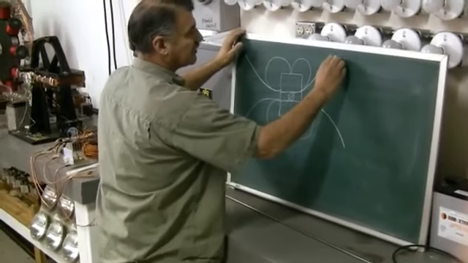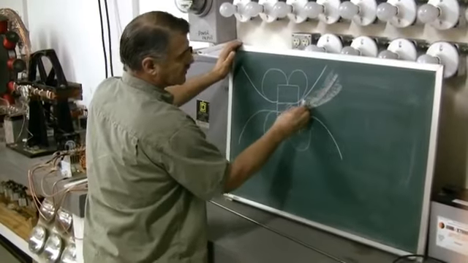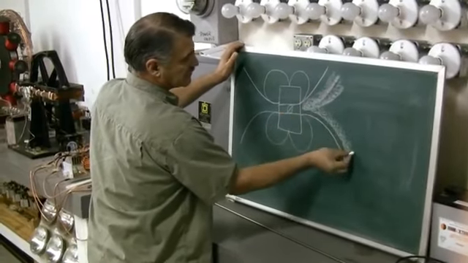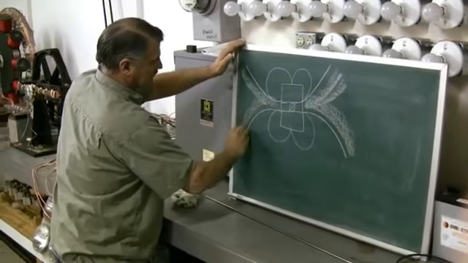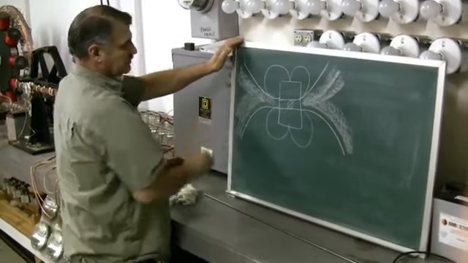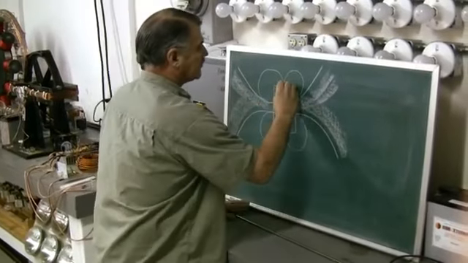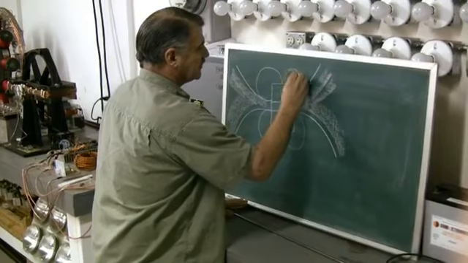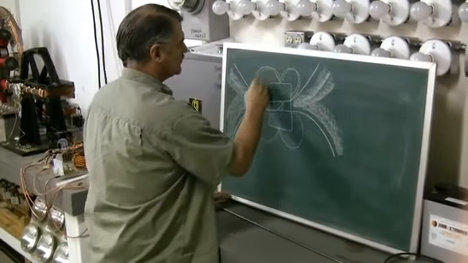And this is where the vortex energy enters in to the magnet to provide the vacuum energy transfer for the magnetic spin.